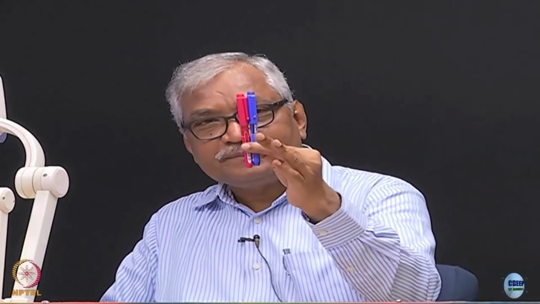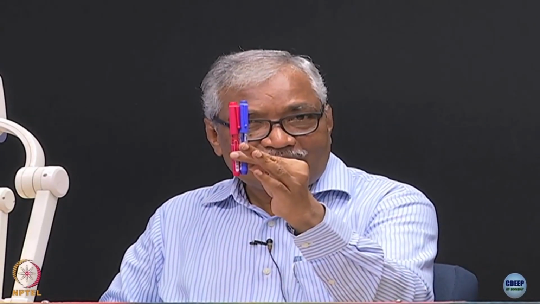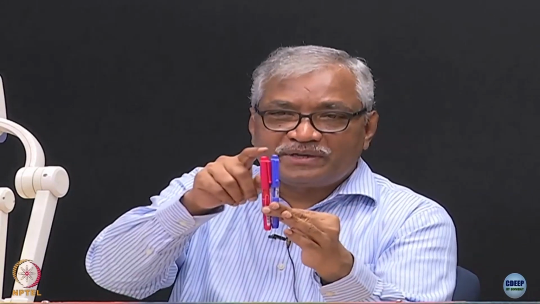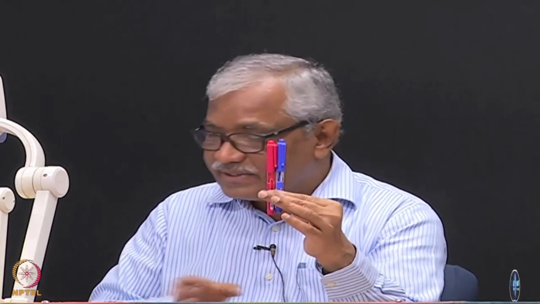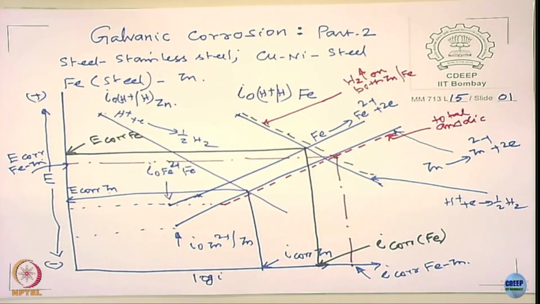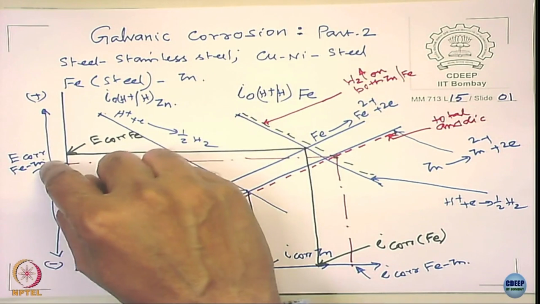When I short it, will the potential of iron and zinc be similar or different? Similar, because it's highly conducting. So the potential of these two is going to be similar, right? That potential corresponds to what is given in the Evans diagram as E corr, iron and zinc. This is what you are seeing here.